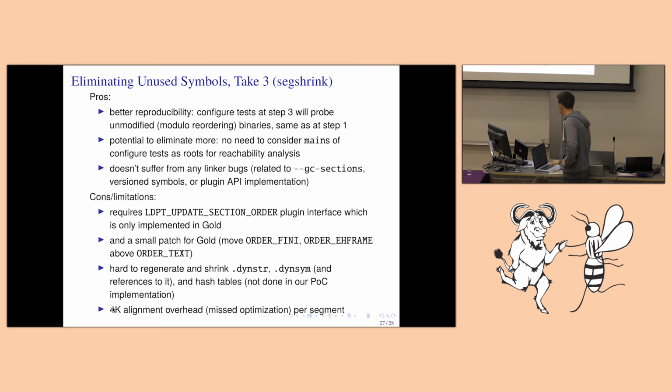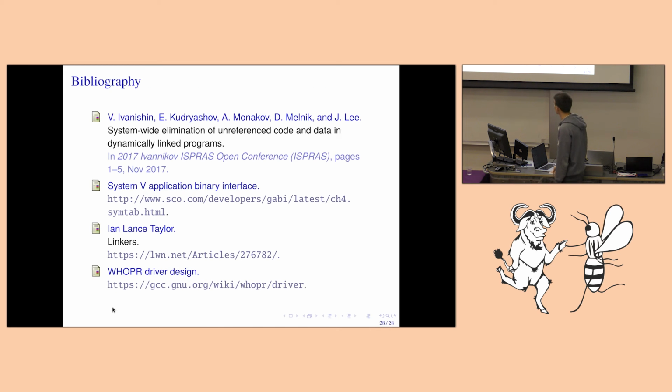So anyway, it's kind of hard, and we did not implement it. So the third approach is a proof of concept. It works for the code segment, and of course it brings smaller reductions, but there are fewer problems with correctness. Yeah, I think that's it. Thank you very much. If you have questions.